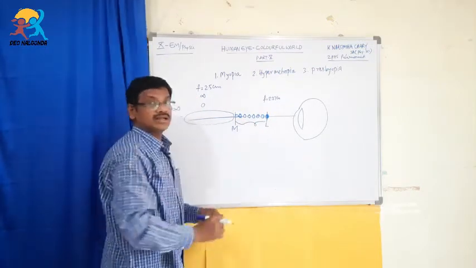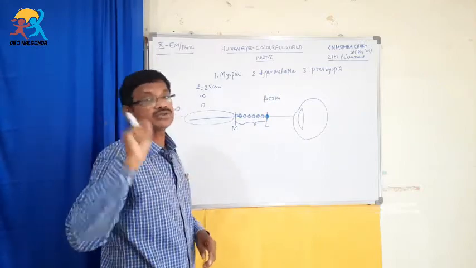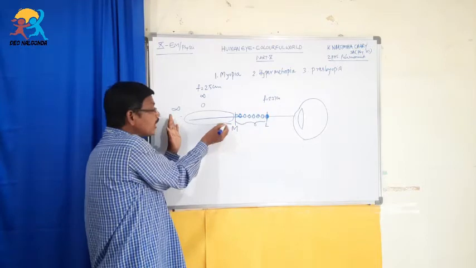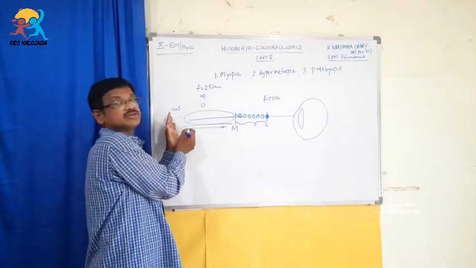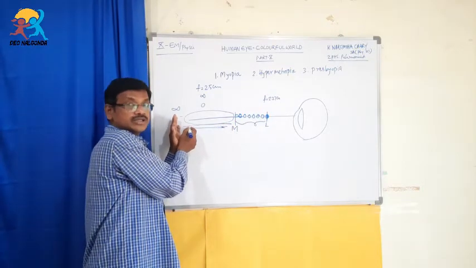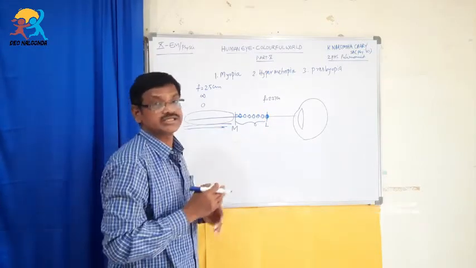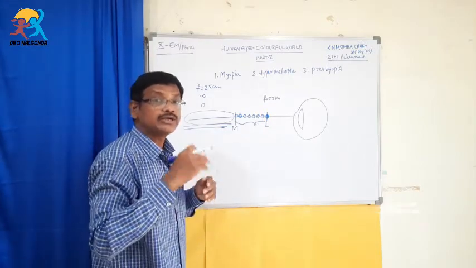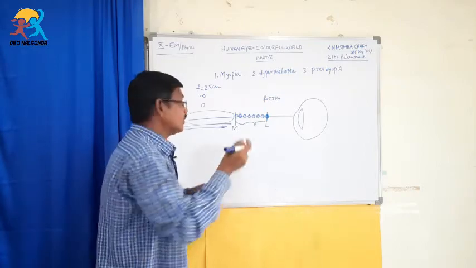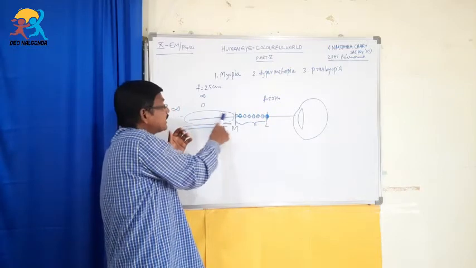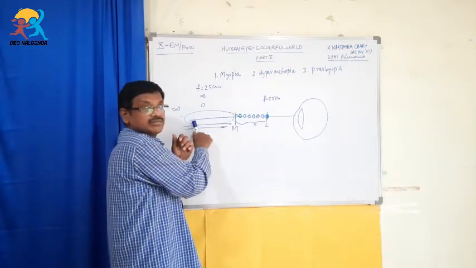Between M and L is clearly visible to the eye, and an object kept beyond M is not visible to the eye. That is why, taking these 2 points into consideration, we try to bring the image of an object kept in this region.